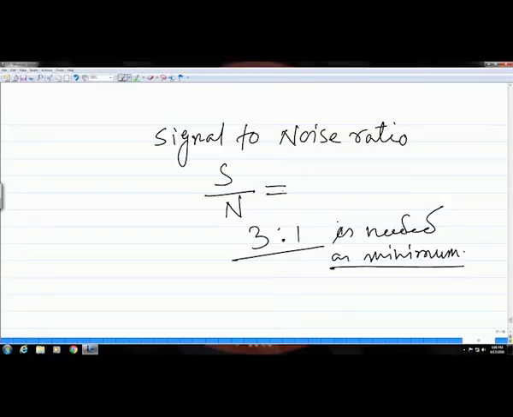So, this can be written in terms of those parameters in this way.